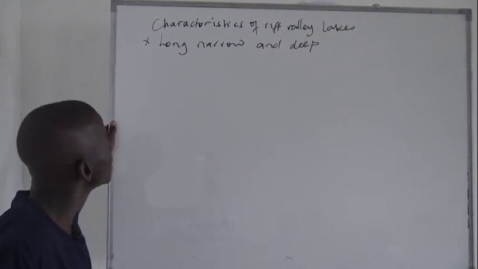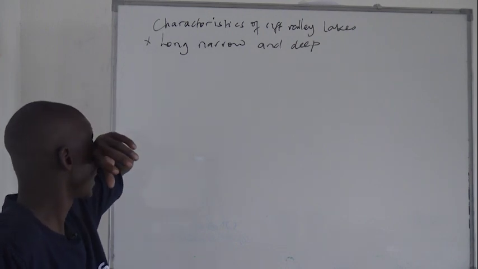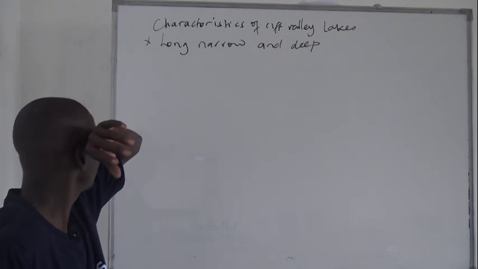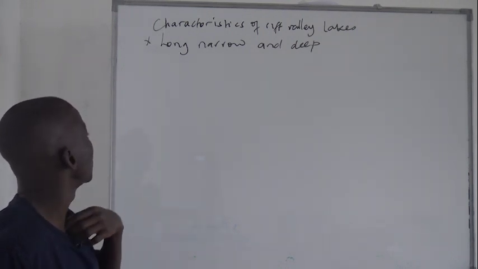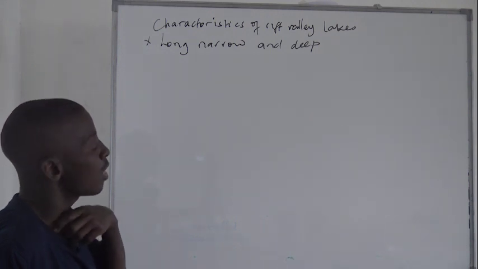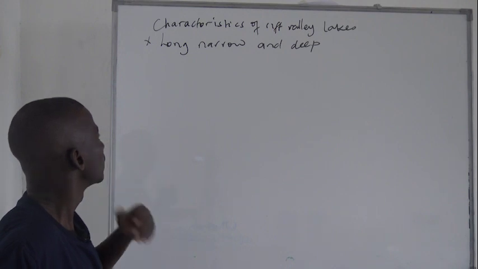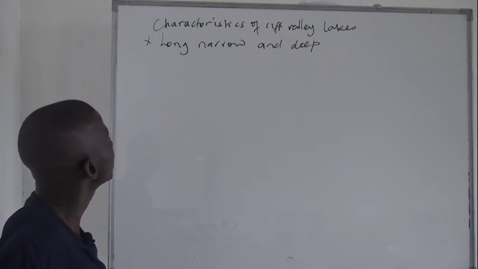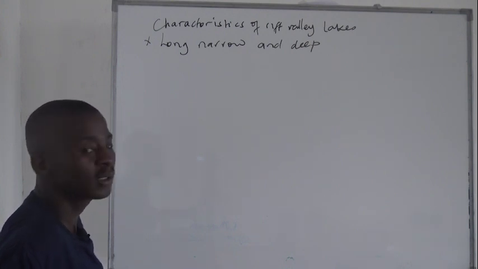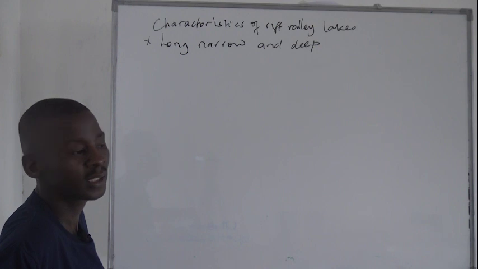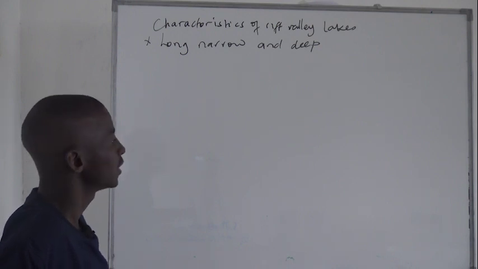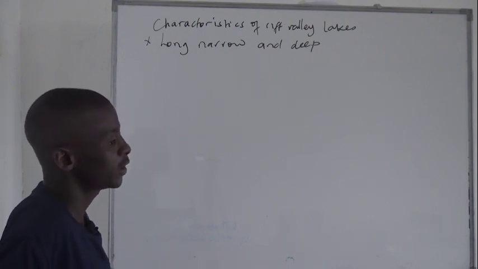So that explains one of the characteristics of a Rift Valley lake. They are always long, narrow, and deep. That's how you can tell that these are Rift Valley lakes, by looking at how long they are, how narrow they are, and that they are very deep.